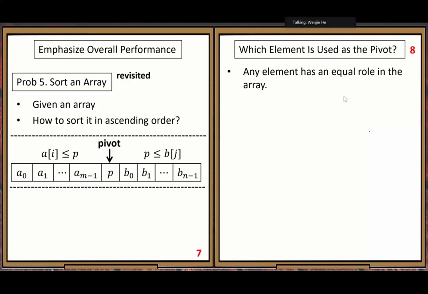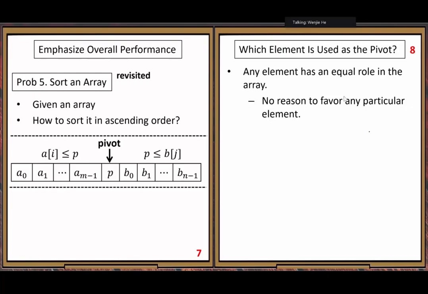Then that means when we pick the pivot element, there is no reason to favor any particular element, right? Does the first element have a better chance to be the pivot, or the last element?